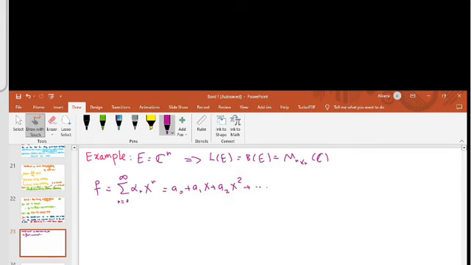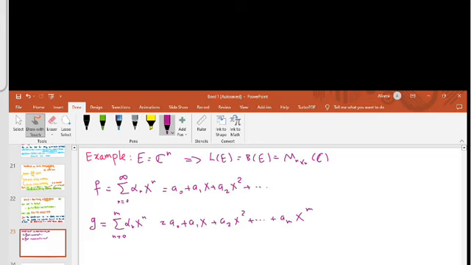But for a polynomial we have this form: a0 plus a1x plus a2x^2 up to amx^m.